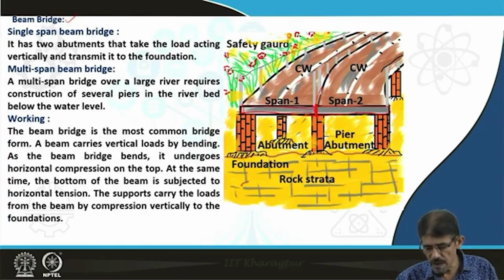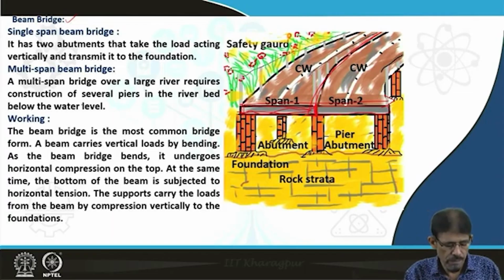If we consider the beam bridge up to this zone only, and if we extend it to cover all, then it is a multi-span beam bridge. How does it work?